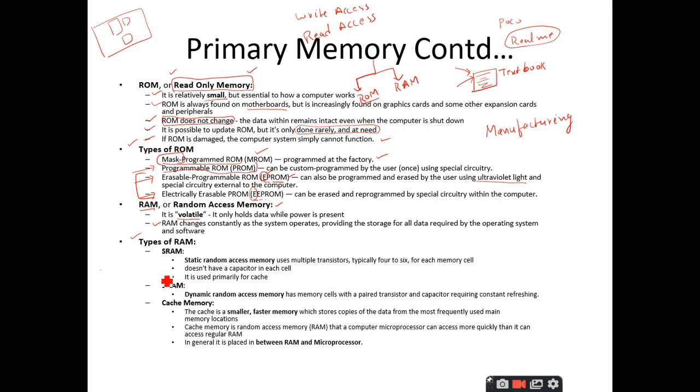So, the types of RAM we have are the SRAM, which stands for the static random access memory, and DRAM, which stands for the dynamic random access memory, and finally we have the cache memory. So, static random access memory means they make use of some transistor technology to represent a memory cell, and this is the most commonly used RAM, SRAM.